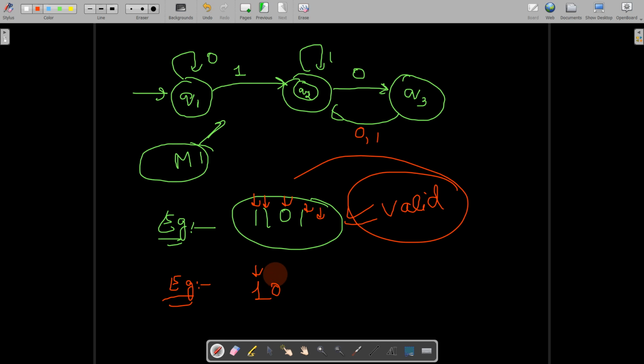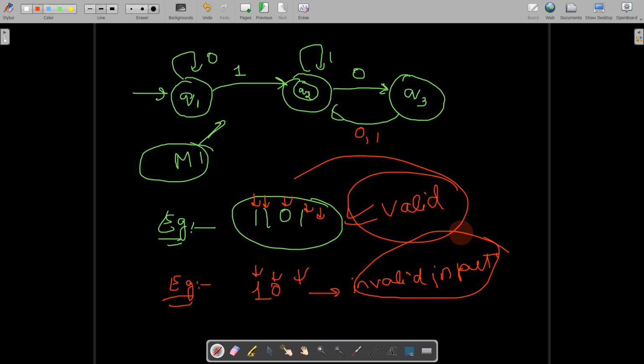At Q2 the next input was 0, so we end up at state Q3. Now there is no more input at Q3. Q3 is not a final state, it is not in the two circles. That means our machine would say this is an invalid input.